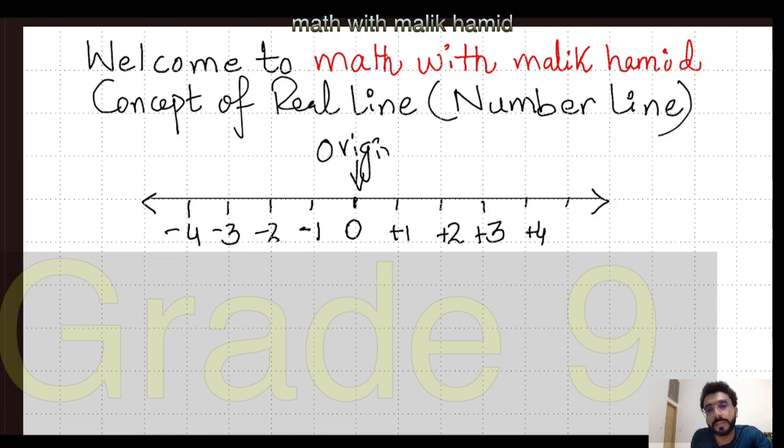On the right side of zero, there are positive numbers. Positive numbers are written on the right side, and negative numbers are on the left side.